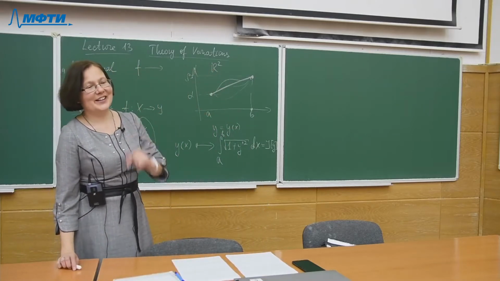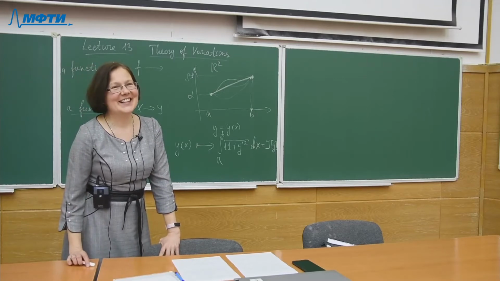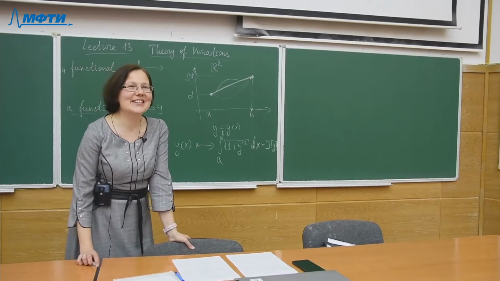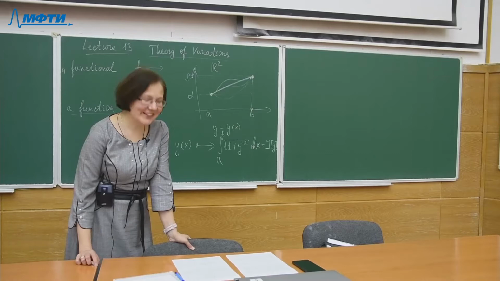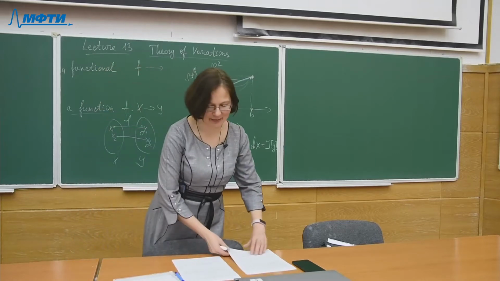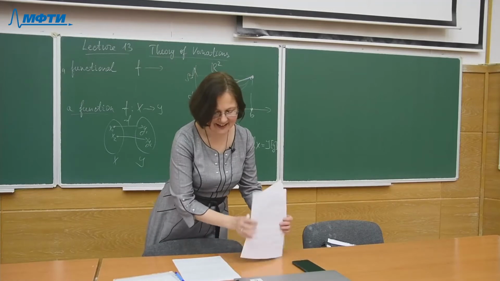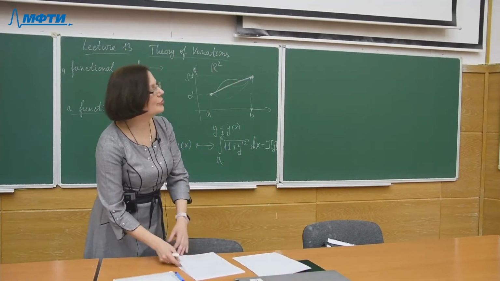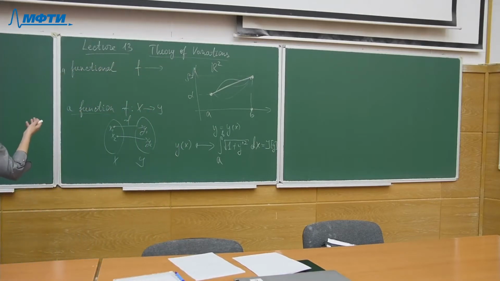Okay, have you heard about this, Kathy? Yes. So theory of variations, Euler Lagrange equation. Okay, and now we will speak about this. Let's discuss theory. Now we need to develop an analytic approach to solving the problems of this kind.